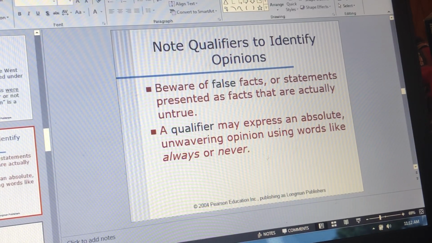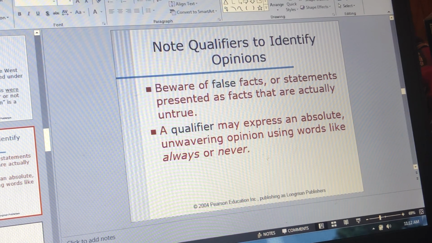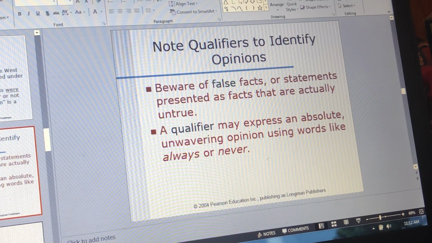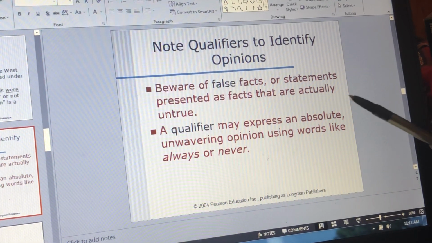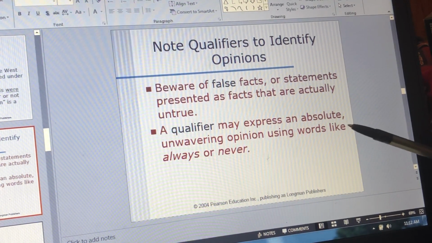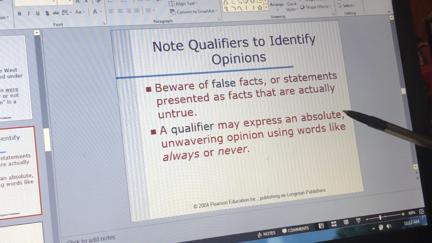All right, we talked about qualifiers in the last lecture when we were looking at the topic sentences for the division classification essay. And I said that as you get into 101, they're going to be more important. Here's an example. Okay, absolutes are almost. See how I said almost? That's a qualifier.